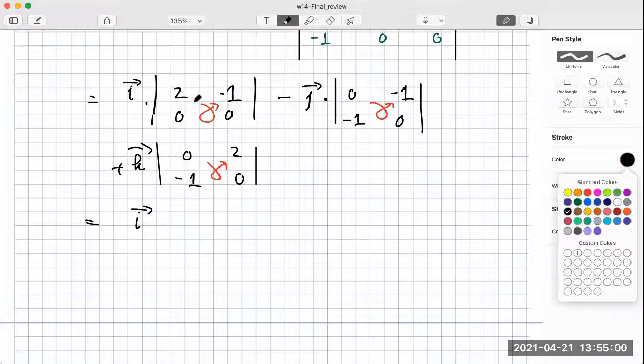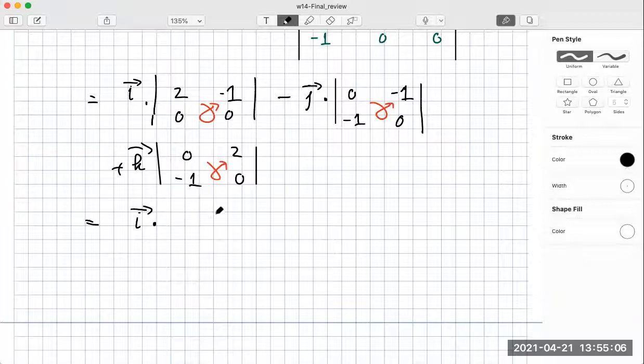So therefore, the first one, 2 times 0 minus 0 times -1, which will be 0. And what is it here? Yeah, 0 times 0 minus -1 times -1, right?